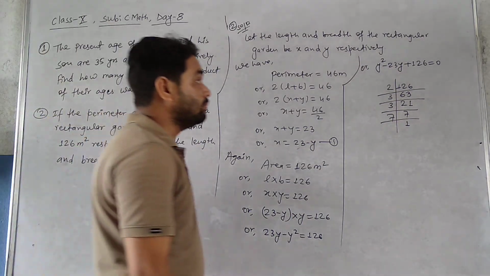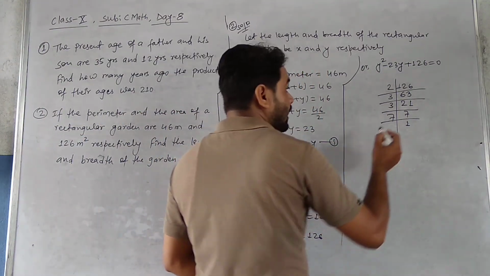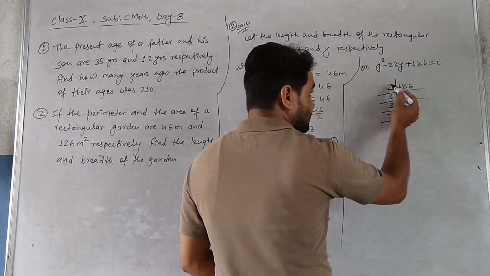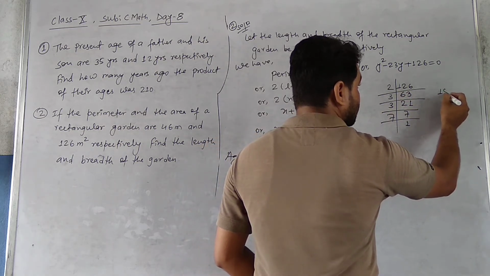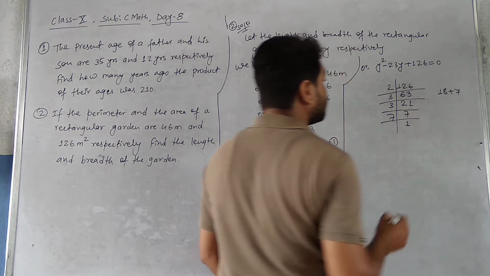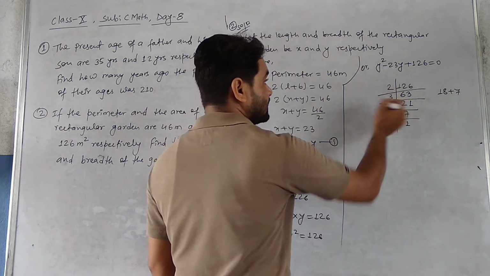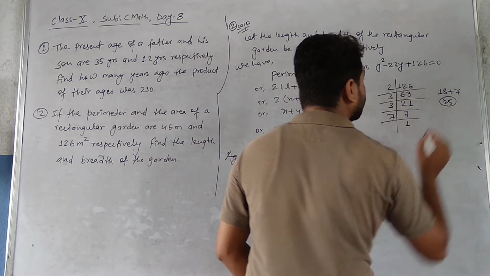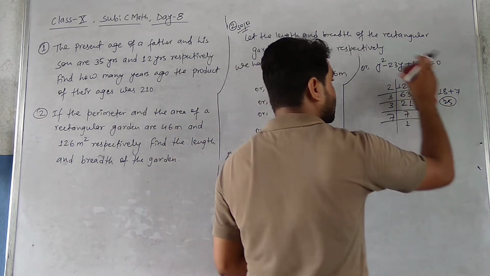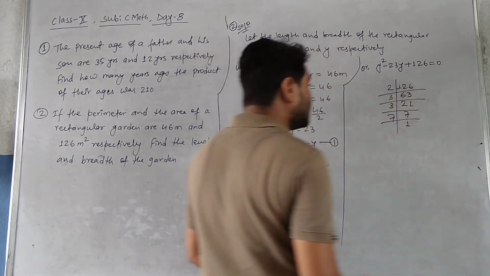So let's make the two numbers. 7 is here. 3 times 2 is 6, 6 times 3 is 18. 18 plus 7 we get 25. That is not it, but here we have to get 23.